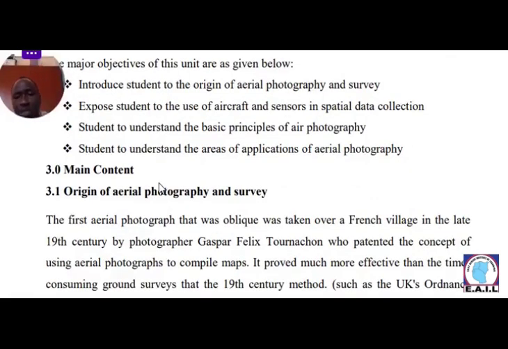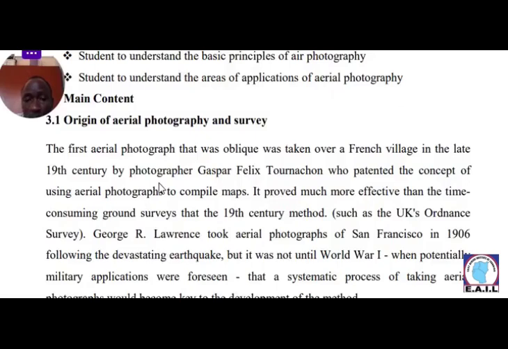The most famous person is known as Felix Gaspar. That was the first person to have used the technology, and they are saying that he captured an oblique aerial photograph of a French village. So it was around the 19th century when this man conducted that experiment.